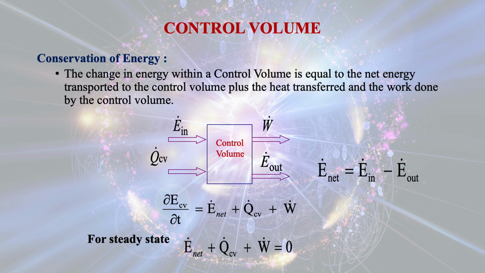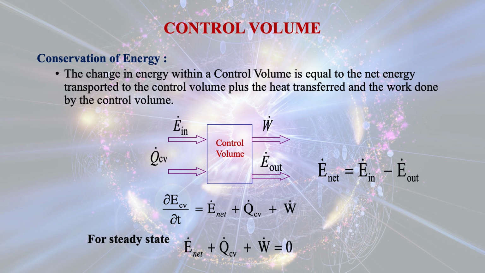Q dot CV is the rate of heat entering the control volume, and W dot is the rate of work done by the control volume. So the rate of change of energy within the control volume, that is ∂E_CV/∂t, is equal to E dot net plus Q dot CV plus W dot.